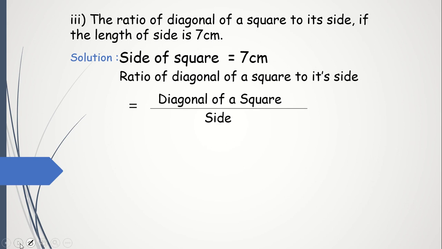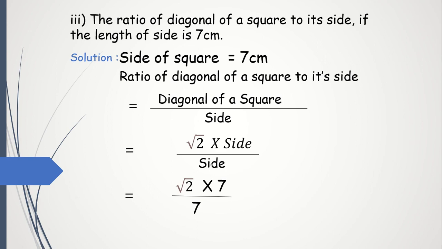Now the diagonal of a square is given by the formula root 2 into side. Remember this formula. Now the side will get cut. What will remain is root 2. That 7 was not needed. You could just cancel the side in this particular step only. Never mind. So that's root 2 upon 1. So root 2 is to 1 we can also write.